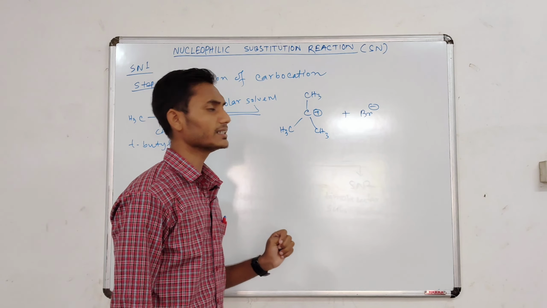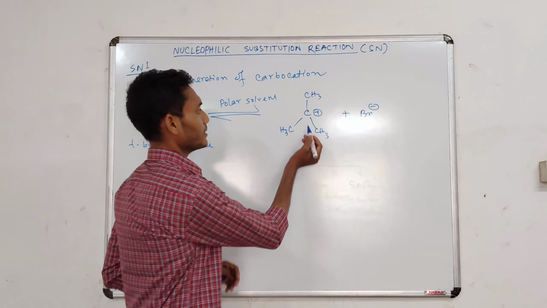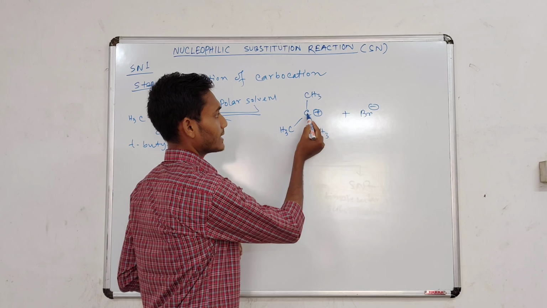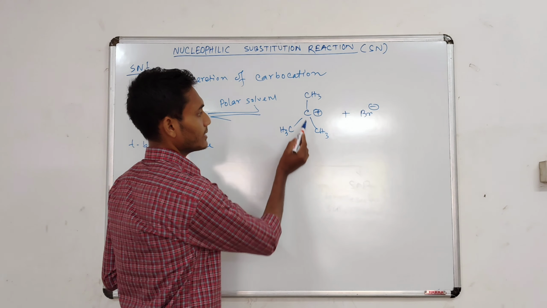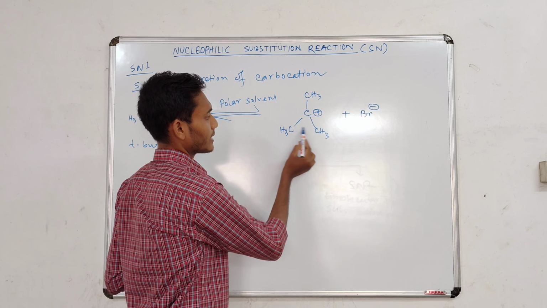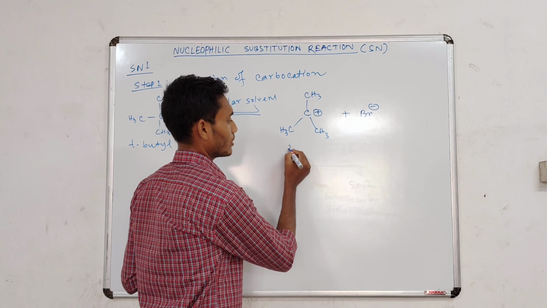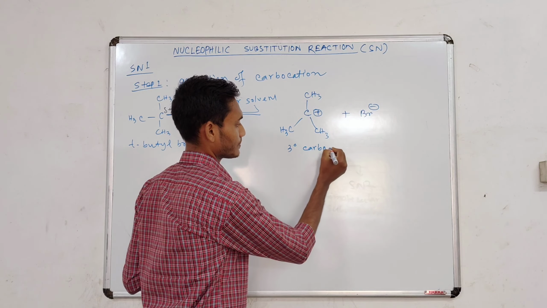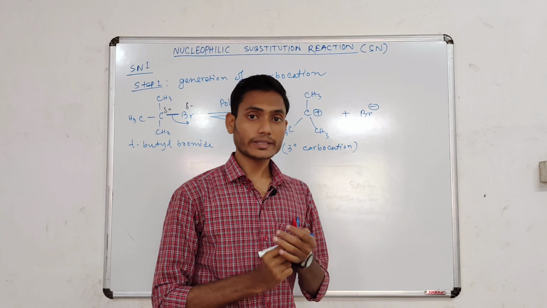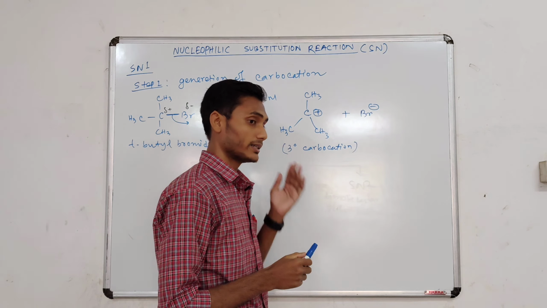Here it is a 3-degree carbocation. How do we call it a 3-degree carbocation? The carbon atom which is positively charged is attached to another 3 carbon atoms. So it is a tertiary carbocation. By hyperconjugation, we know that a 3-degree carbocation is more stable than a 2-degree or 1-degree carbocation.